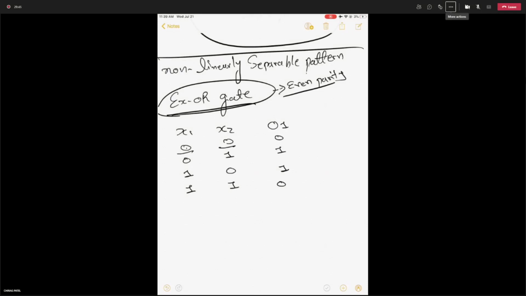Here there are two zeros, so we don't need to add anything; that's why we simply substitute 0. Here we have 1 1. We need to convert it to even parity, right? That's why we add one more 1. Again, with 1 0, we need to add one more 1 to convert it into even parity. Already we have two 1s, which means we already have even parity, so we just write 0 over here. These basic things you learn in digital electronics.